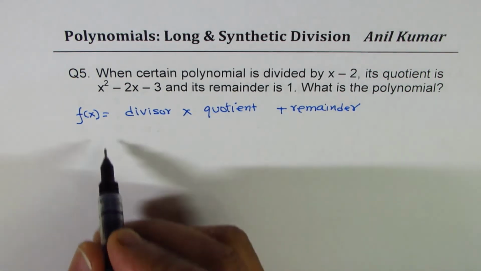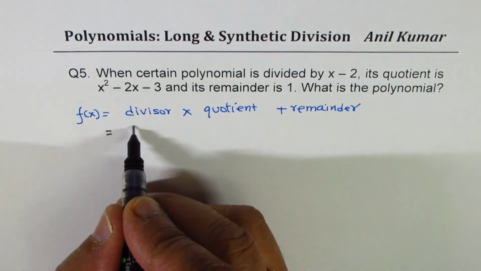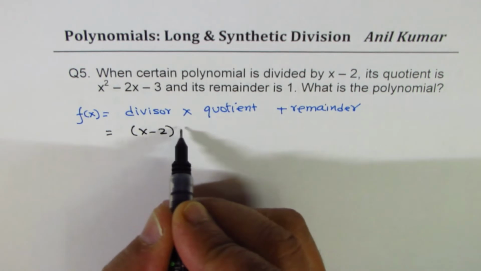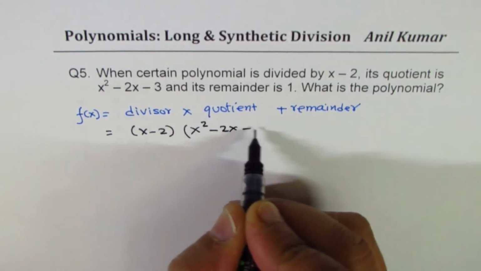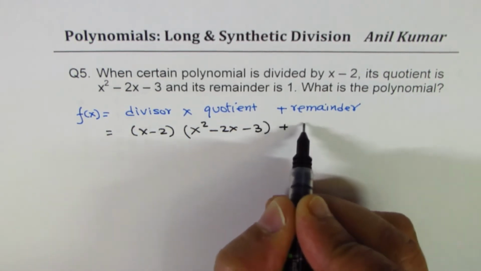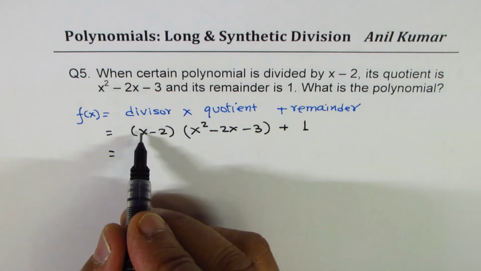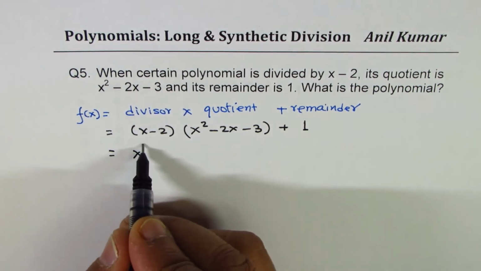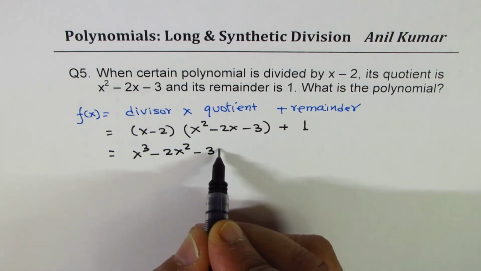Now in this particular case, we are given that the divisor is x minus 2. The quotient is x squared minus 2x minus 3, and the remainder is 1. So just multiply these polynomials. By the distributive property, we get x cubed minus 2x squared minus 3x.